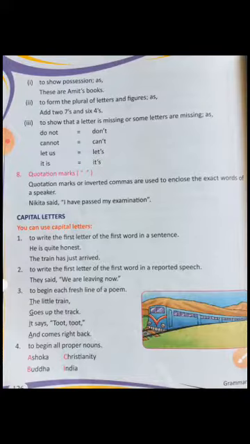Next we have quotation marks. Quotation marks or inverted commas are used to enclose the exact words of a speaker. For example, Nikita said, I have passed my examination. And we are supposed to close this one also.